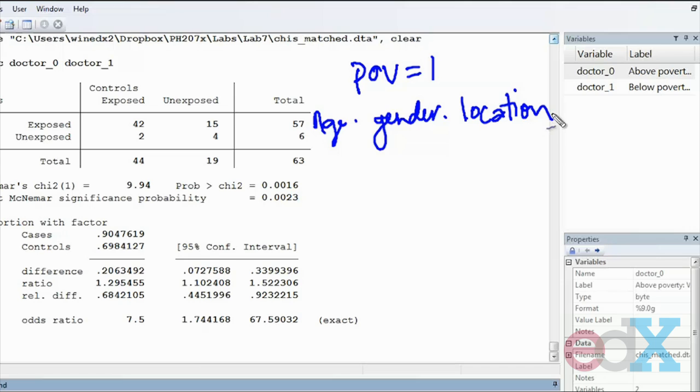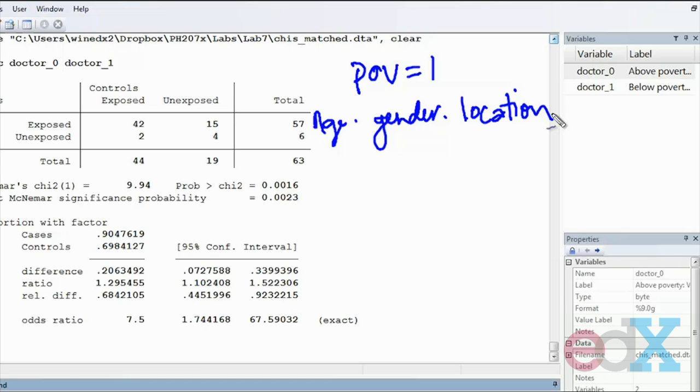Now, I've stated my null and alternative a little bit broadly here, but given the way that I constructed this data set, in this example, we're not actually generalizing to the same population. In the previous tutorials, we looked at the hypothesis of no association between poverty and visiting the doctor among all California residents.